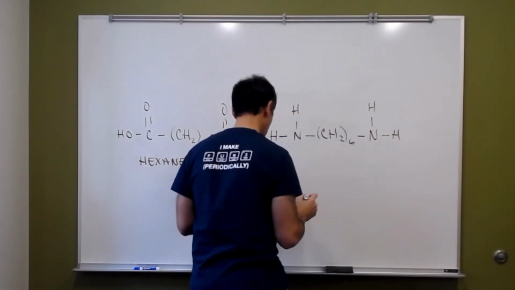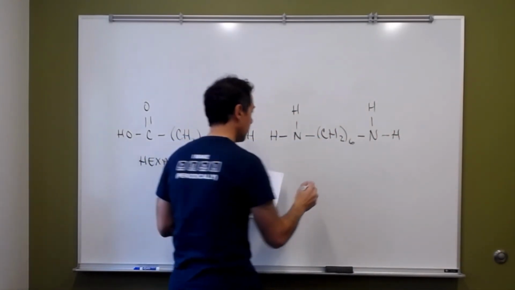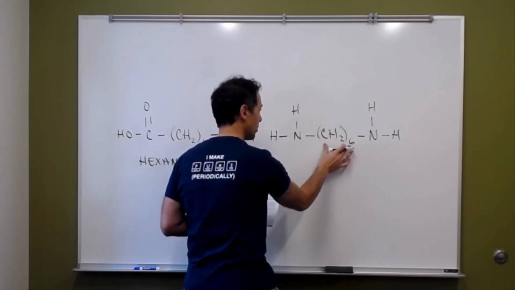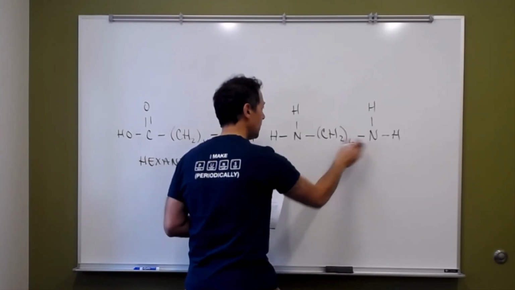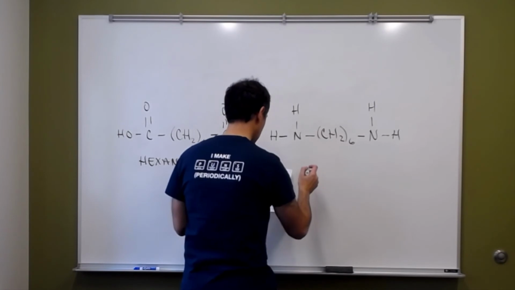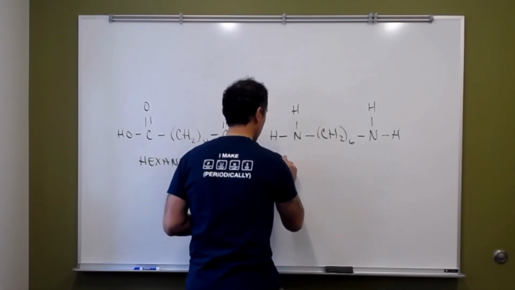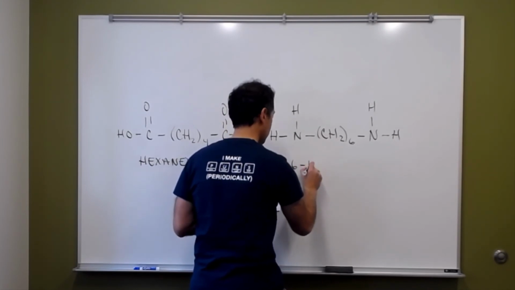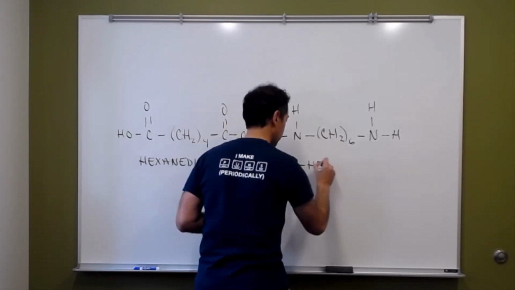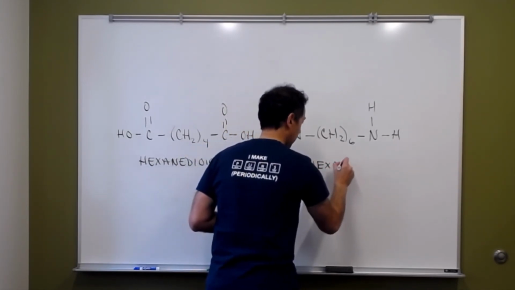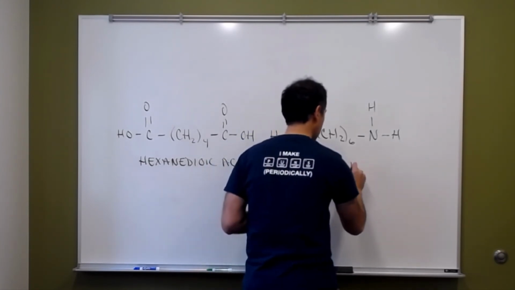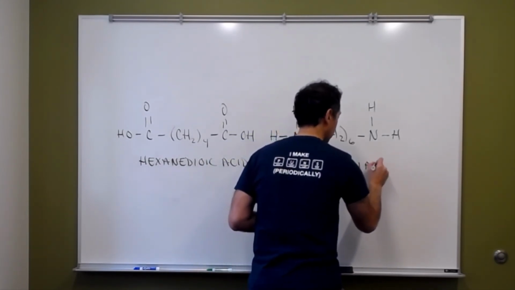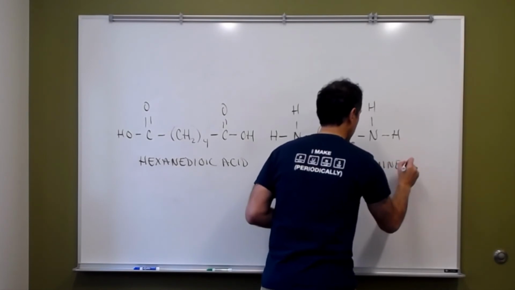Now this one here, there's 6 carbons here, and then we have an amine on either end, okay? And so this becomes 1,6, okay, hexane diamine, hexane diamine.